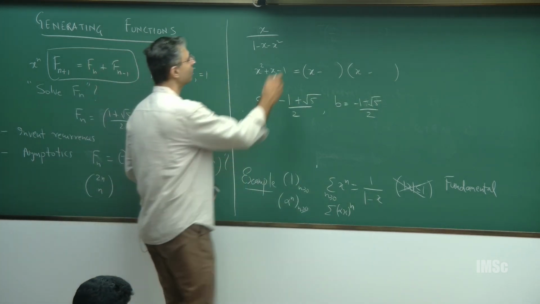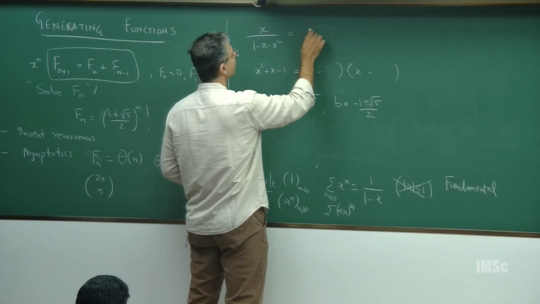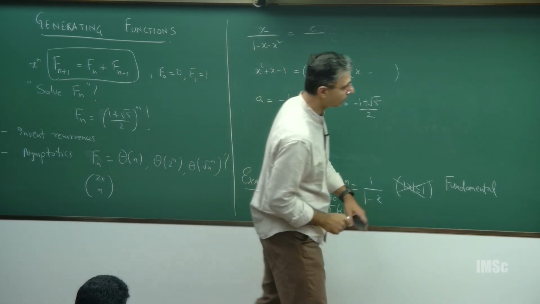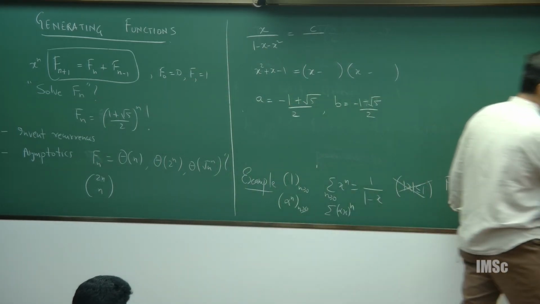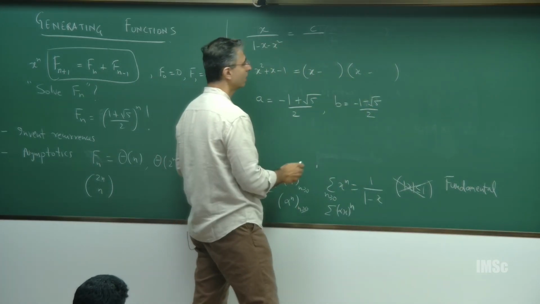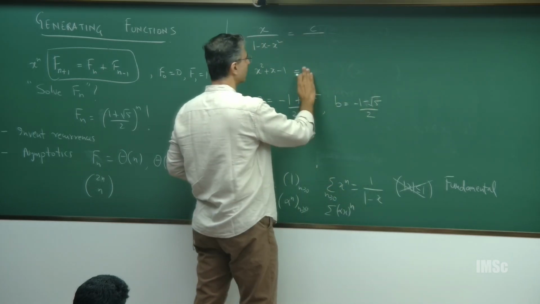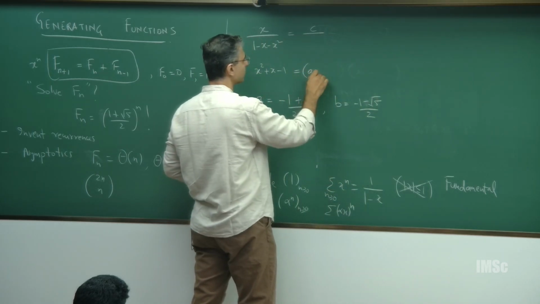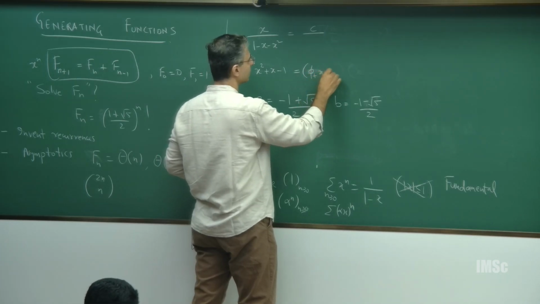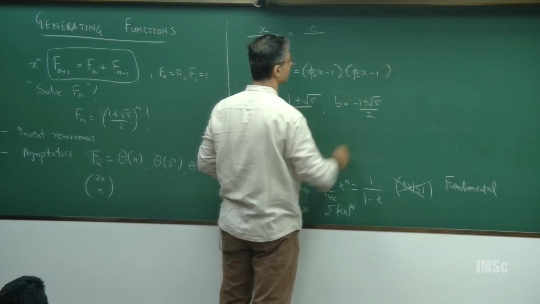But what we really want to do is, we want to write not in this form, we want to write this as some number upon, because we know this expression, okay. So, instead of factoring it like this, we really want to factor it as, say, a times, not a, so let us say phi plus times x minus 1 into phi minus x minus 1.